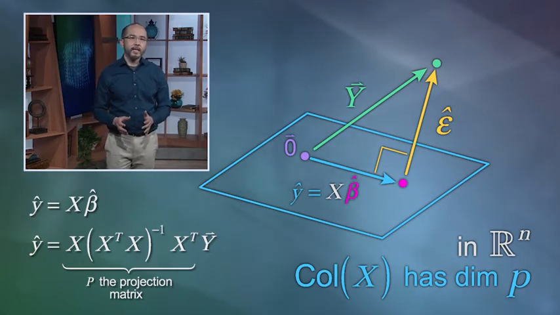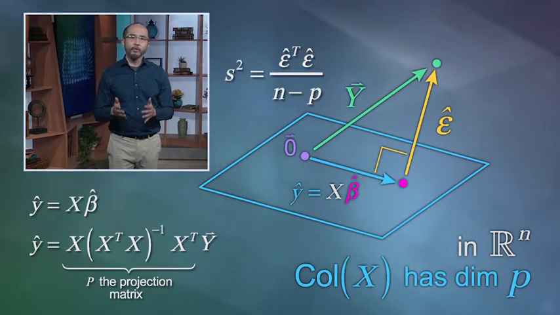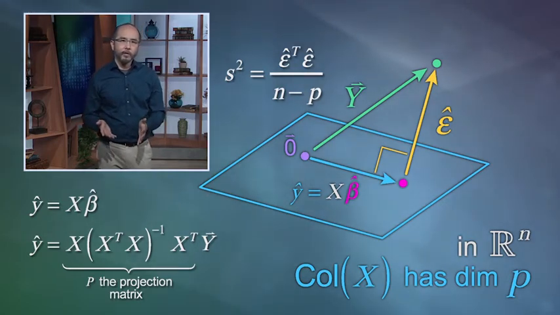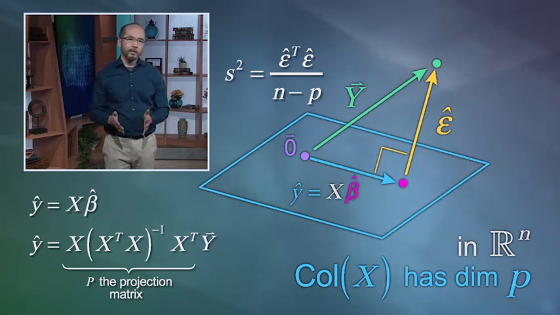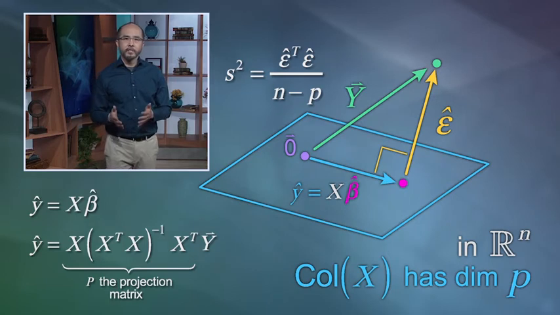That's computed by taking s squared equals the dot product of epsilon hat with itself divided by the number of degrees of freedom here, which is n minus p. Then s is an estimator for the standard deviation of the residuals.